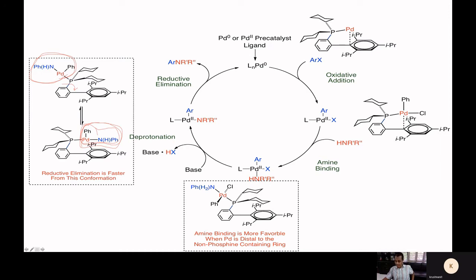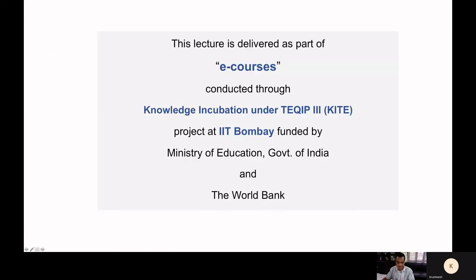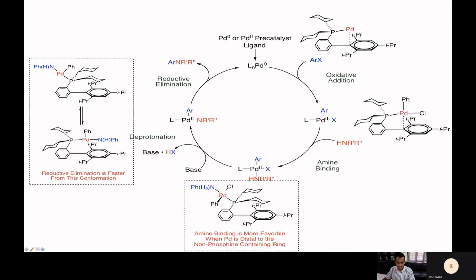Now during the amine binding as well as deprotonation, you have palladium away from it, but during reductive elimination it comes back in again, right? It comes back in again to give you the reductive elimination.